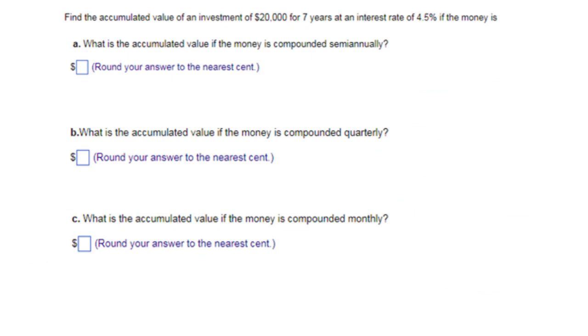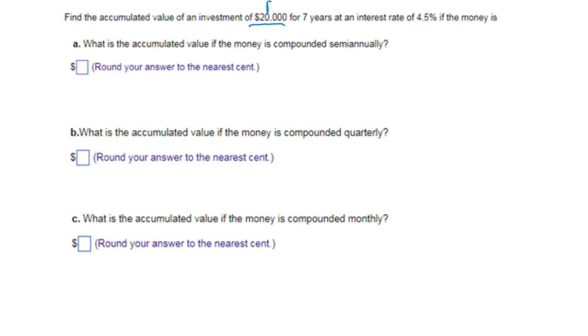All right, so find the accumulated value of an investment of $20,000 for 7 years at an interest rate of 4.5%. So what we need to do is go ahead and identify what we do know about this problem. In this case here, we're investing $20,000.